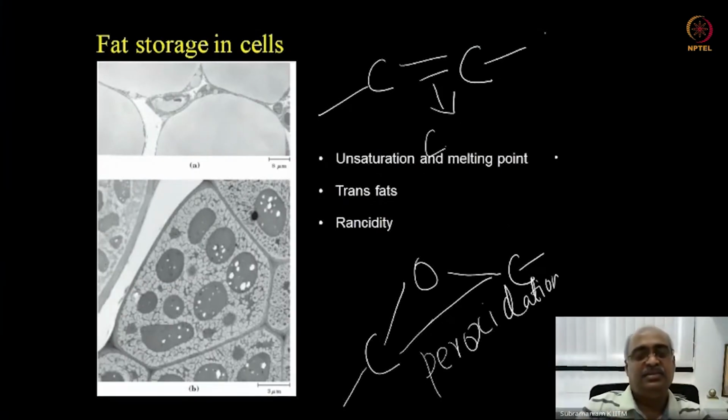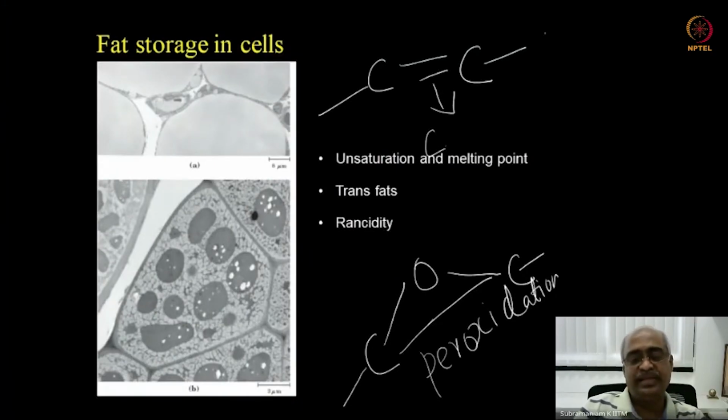And this has a major consequence if it is the lipid chain of a cell membrane. Then the cell membrane's integrity is lost. So therefore, this is not something that is good for the integrity of the cell membrane. To prevent this, we have antioxidants in the lipid phase as well, hydrophobic antioxidants. We will learn about them a little later.